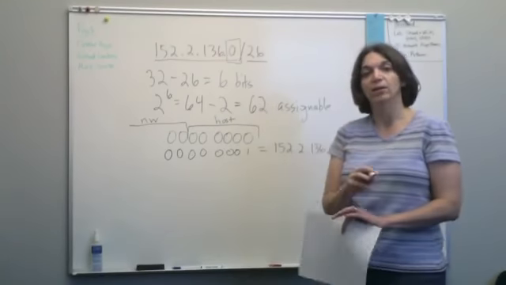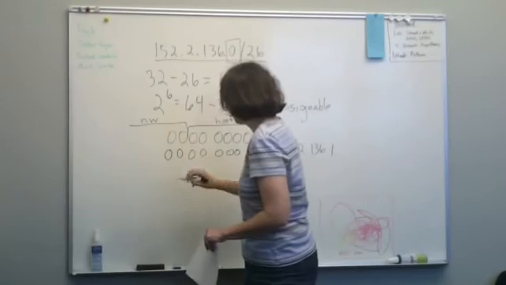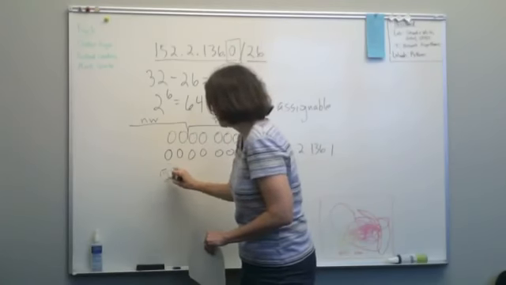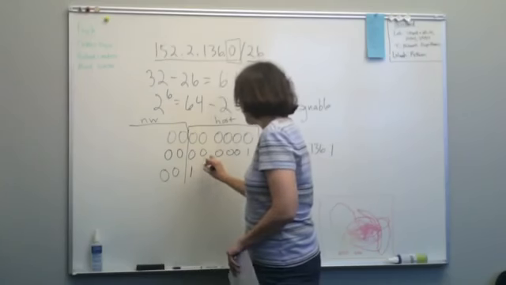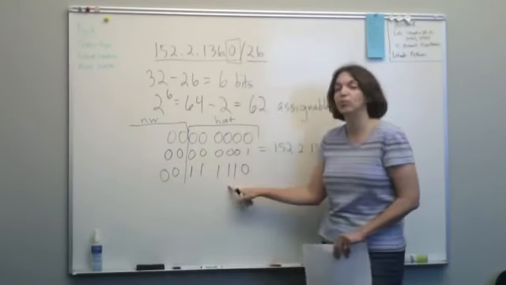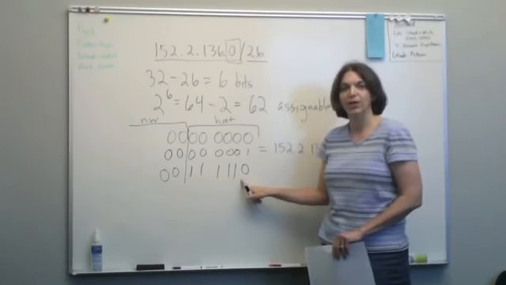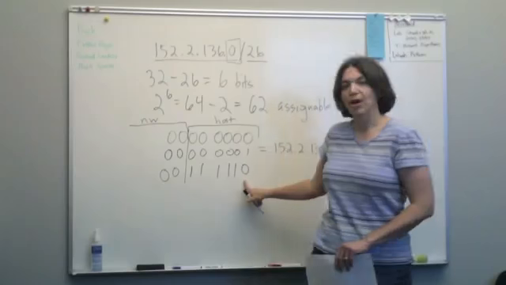Sometimes the last assignable IP address can be a little bit tricky. In this case, it's not. So we bring down the network part of the address, and now we put all of the host bits to be 1 except for the last one. Remember, all the host bits 1 is the broadcast address.